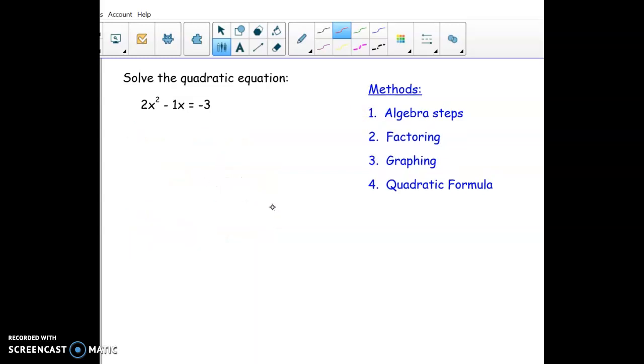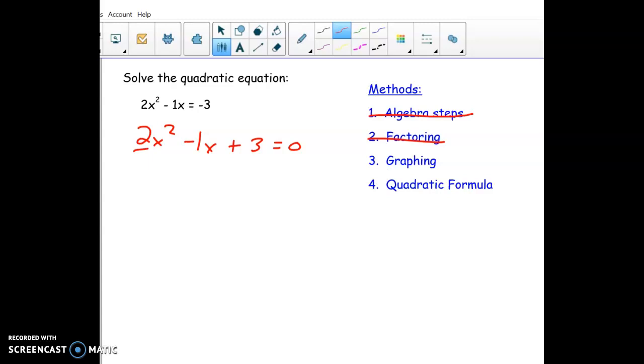All right, next one, give it a shot. I'm going to get 0 on one side first, so add 3. At this point, algebra steps is out because it has x squared and x. This one might actually factor, but I don't like doing long factoring when there's a 2, so I'm going to abandon that right away. Then graphing, let's give it a shot.